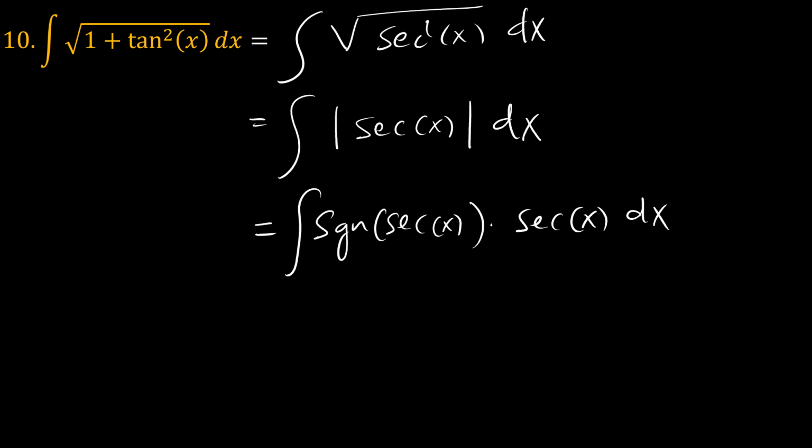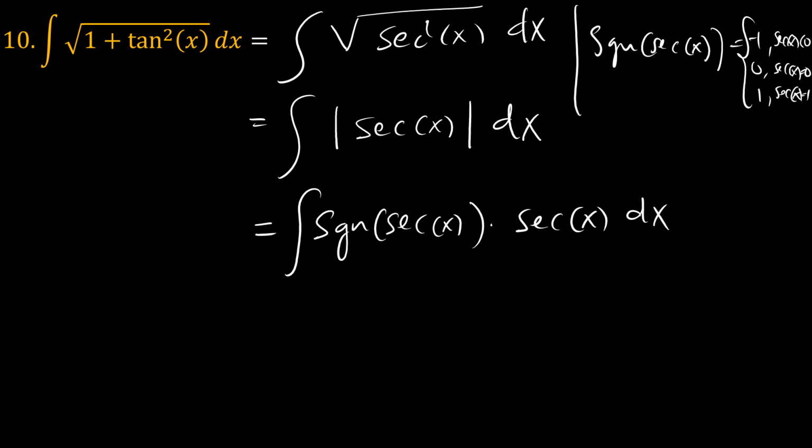So we define sign of secant of x to be equal to minus 1 when secant of x is less than 0, 0 when it is 0, 1 when it is 1, right? So we've defined that as that.